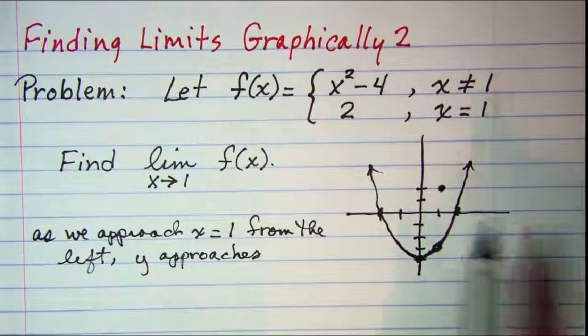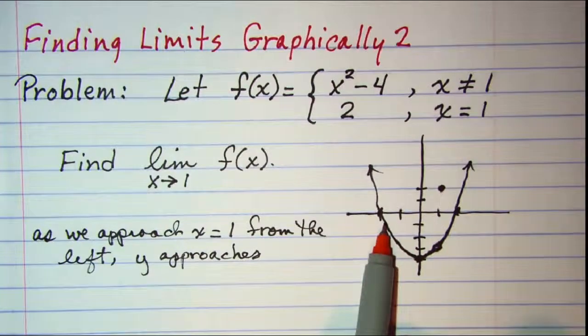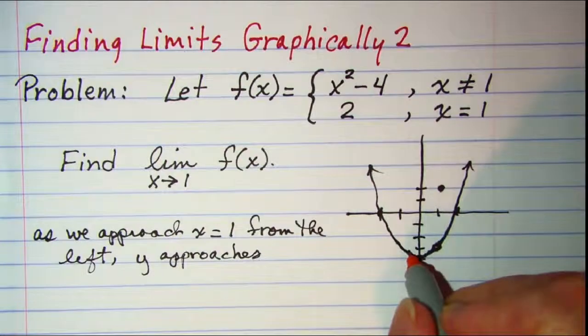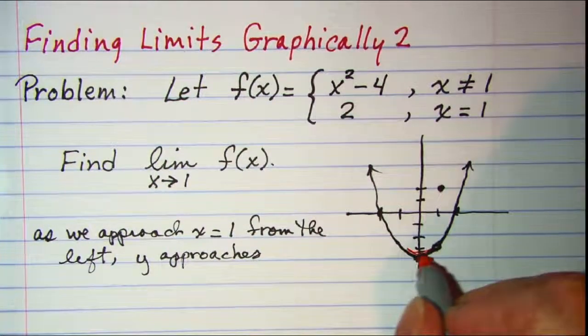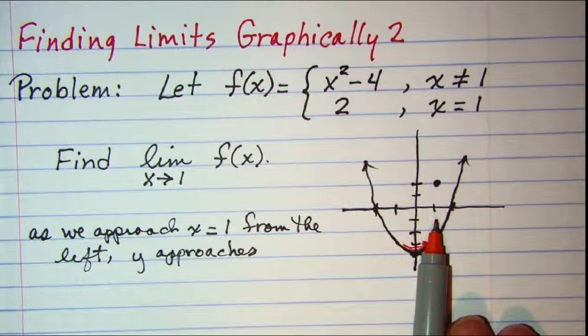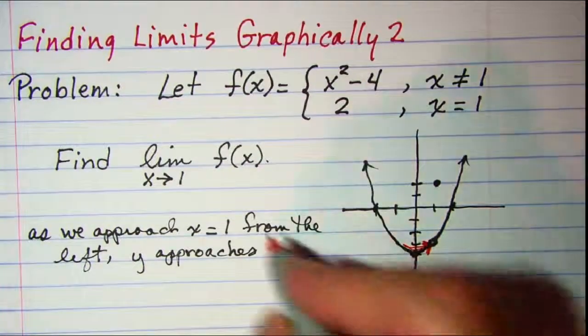So as we stay on the graph, coming in from the left, we're approaching what value? So the x is approaching 1, the y value is approaching negative 3.